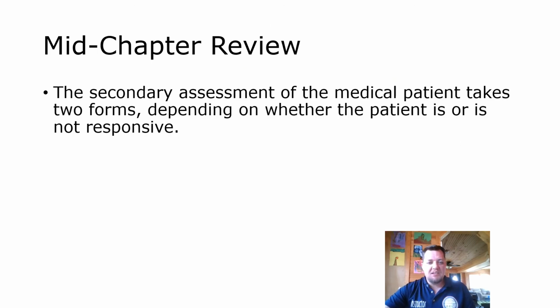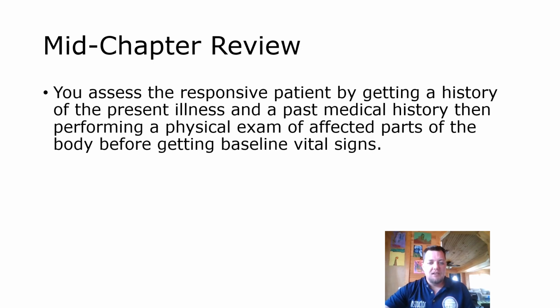So the secondary assessment of the medical patient takes two forms depending on whether the patient is responsive or not. You assess the responsive patient by getting a history of the present illness and a past medical history, then performing a physical exam of affected parts of the body before getting baseline vital signs.